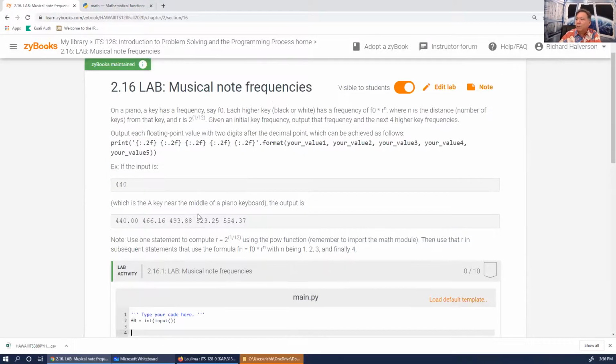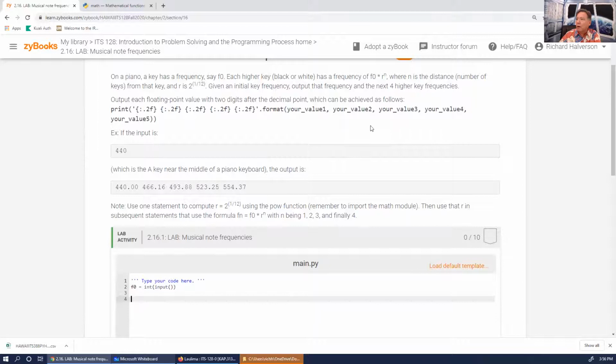And then let's compute R. R equals math power 2 to the 1/12. That's what math is.